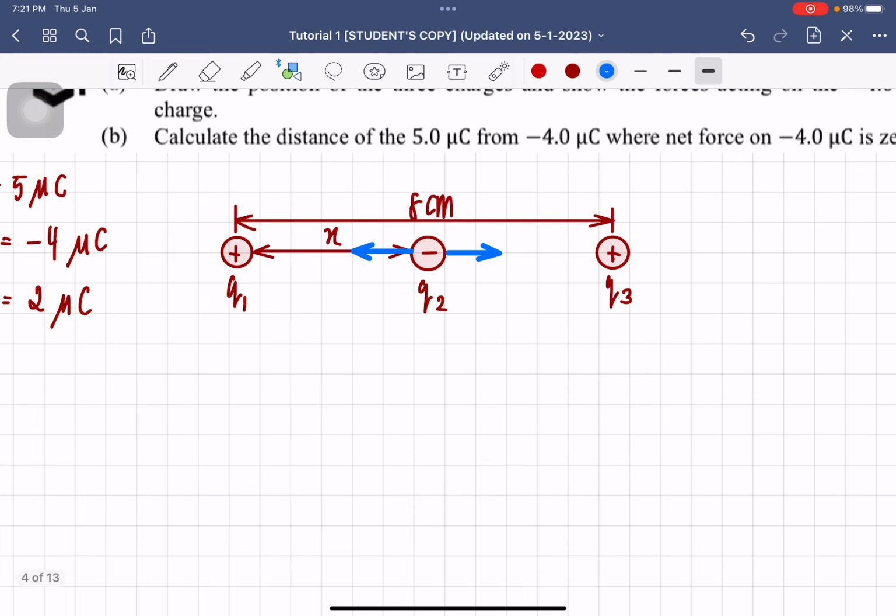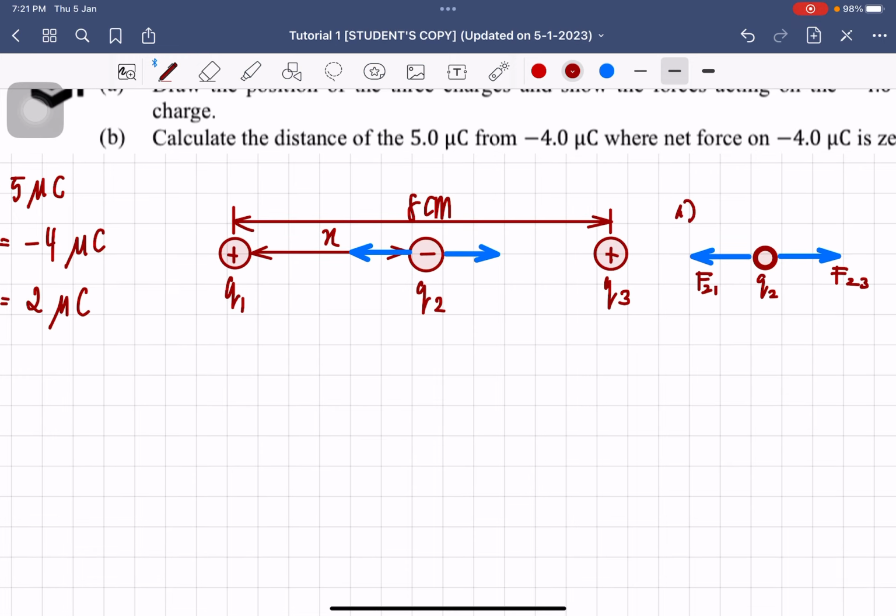If I draw it outside, it will be something like this. You always have to remember to label them. This is the force on 2 by charge 1. This is the force on 2 by charge 3. So that is the solution for question A.